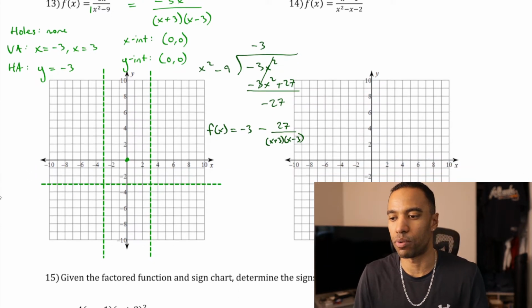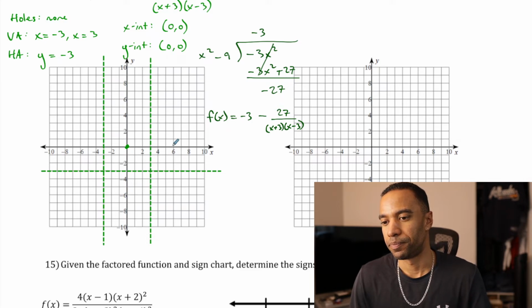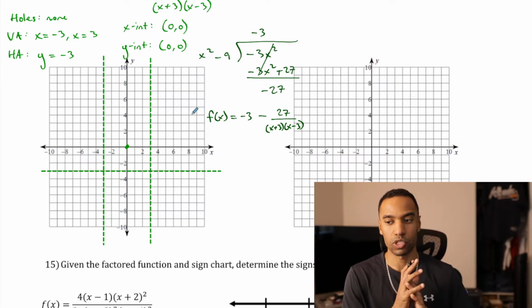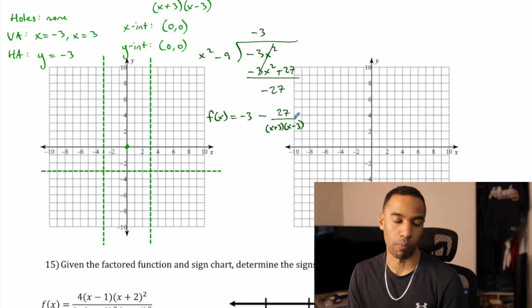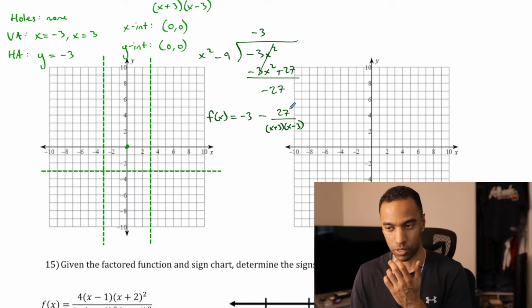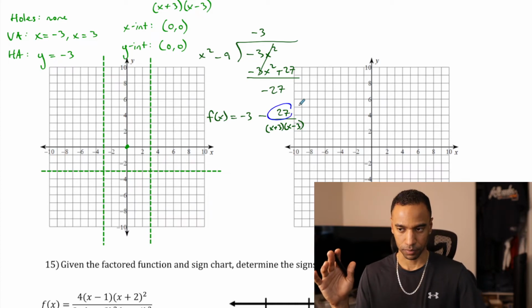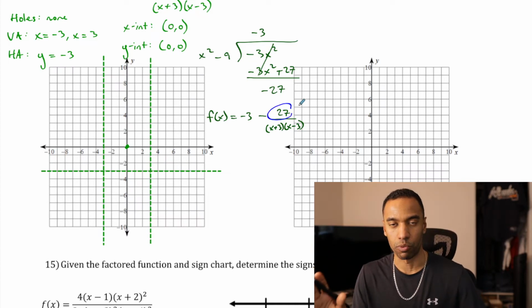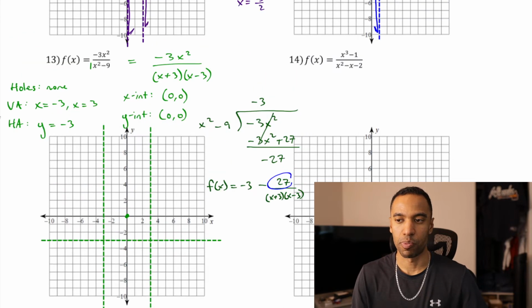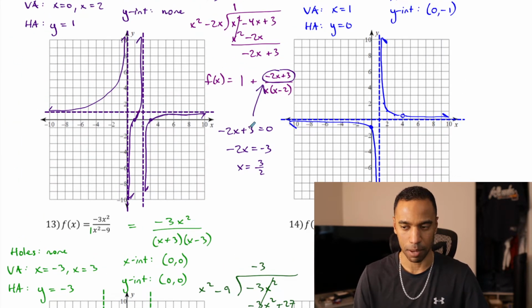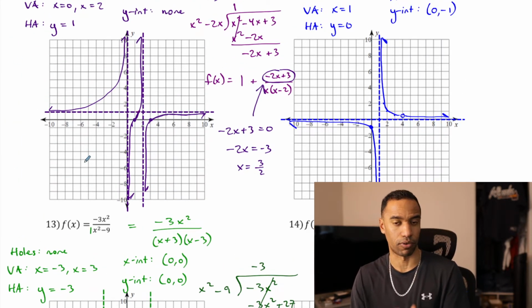Now, why does the remainder help me? And you could do a sign chart. I haven't really spoken on sign charts with the remainder so much because we haven't had to use it. But what I have been speaking on is, could this numerator ever equal 0? Last time I spoke on it, I stated because there's an x up top, it can be. There's something to solve for.